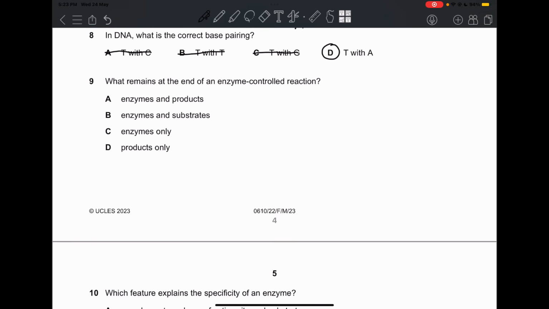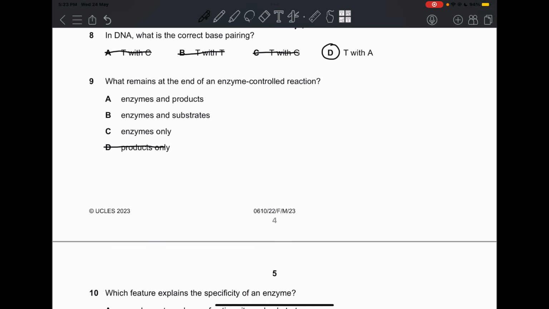9. What remains at the end of an enzyme-controlled reaction? Well, at the end of the enzyme-controlled reaction, we are supposed to have enzymes released, so products only is incorrect. This is because, as we all know, an enzyme is a biological catalyst, which means the enzymes would remain at the end of the reaction unchanged. They will not change. The concentration of the enzyme will remain the same.